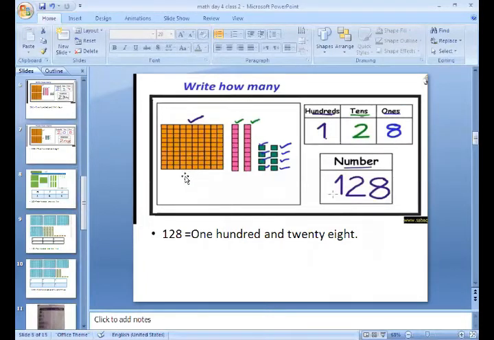Now you can see in this picture there are 10 groups of 10 blocks, and these 10 groups of 10 blocks show the 100 place. There are two rods, and these two rods show blocks of tens, and these small blocks show blocks of ones. So there are three columns: 100, tens and ones.